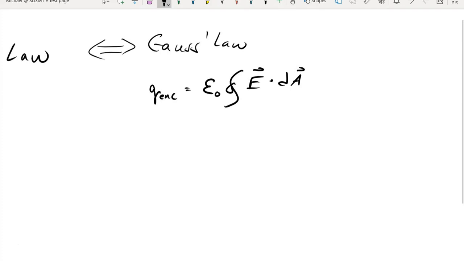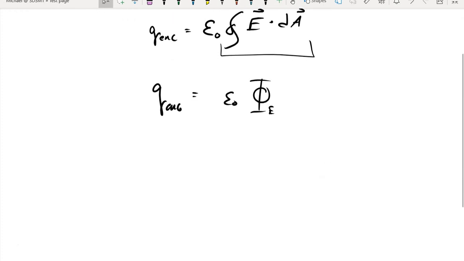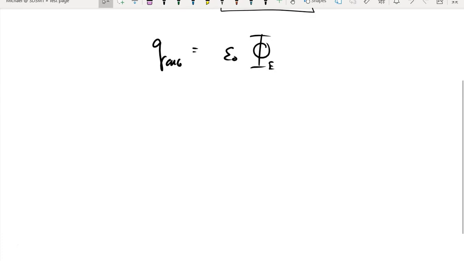And so this portion of the expression right here, that was the term electric flux. And then whatever electric field was produced by that enclosed charge would relate to the electric flux that passed through the surface of that enclosure.